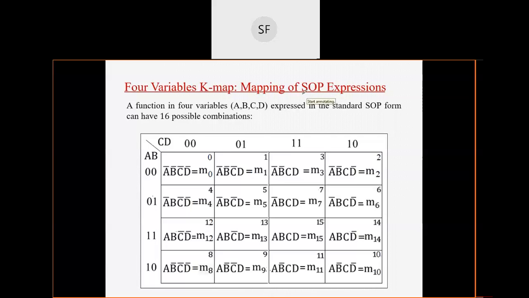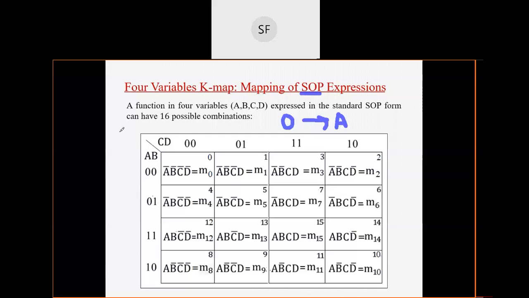Okay. Just before some time, we have seen the POS. In POS, what we have done, 0 is nothing but uncomplemented variable. But now this is SOP.